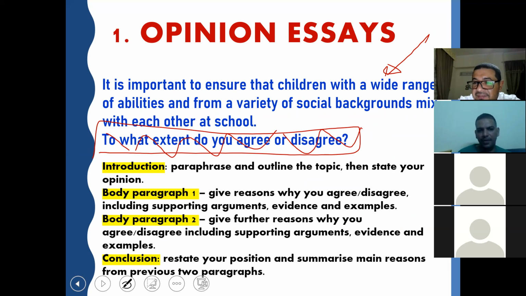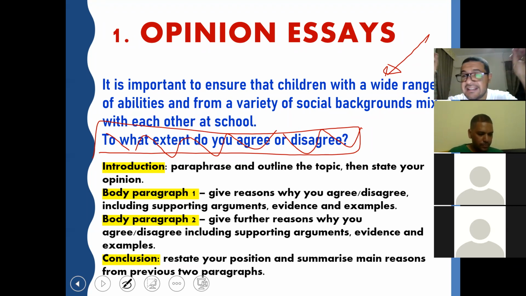So in paragraph 1, I'm going to write the advantages of this topic. And in paragraph 2, I'm going to write the disadvantages of this topic, the other side. Very good. So in 1 paragraph, I'm going to talk about the benefits of mixing students at schools. And in the other paragraph, I'm going to write the opposite point of view, the negative aspects of mixing children at school.